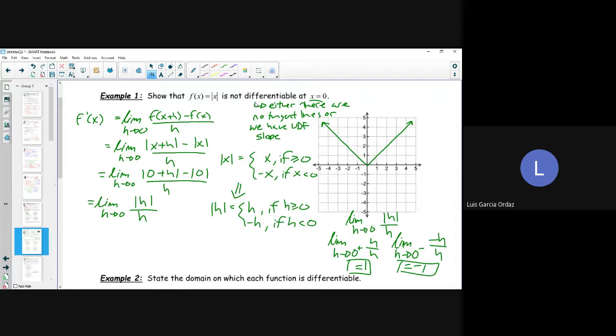No. So therefore, the limit as h approaches 0 of the absolute value of h over h does not exist, because 0 from the right and 0 from the left don't give you the same value, which means that it is not differentiable.